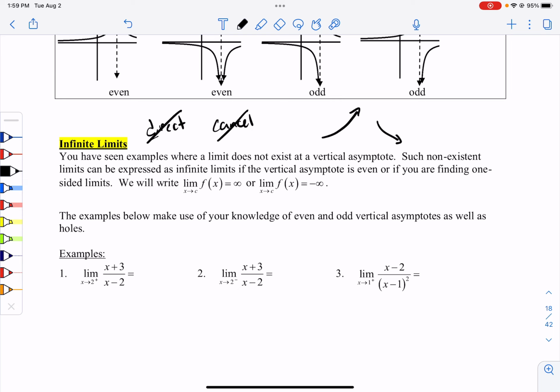Just like in the past, for all of these limits that we do today, we're going to write the limit as x goes to c of f of x equals infinity. The other option would be to say that it does not exist. Or the limit as x goes to c of f of x equals negative infinity. Does not exist would always be an option as well. Okay, so here's what it looks like.